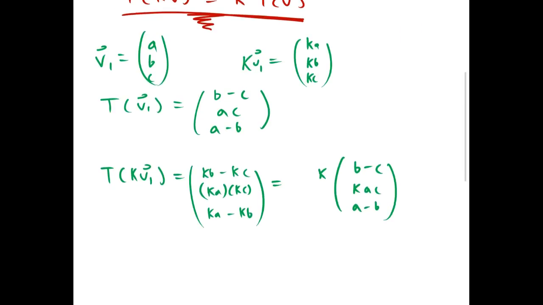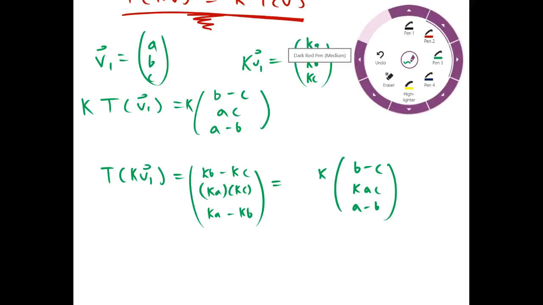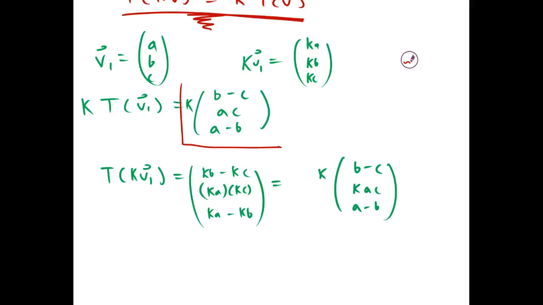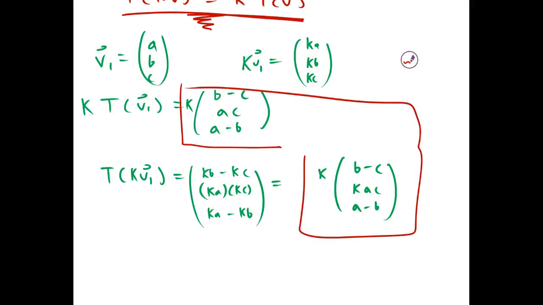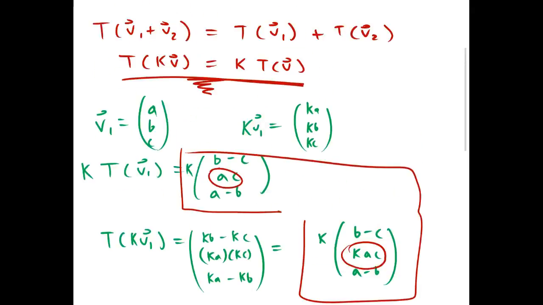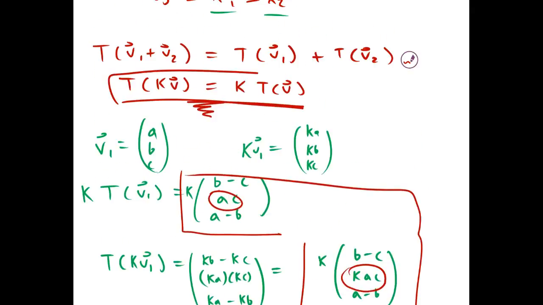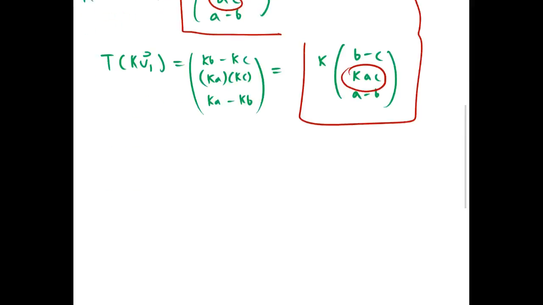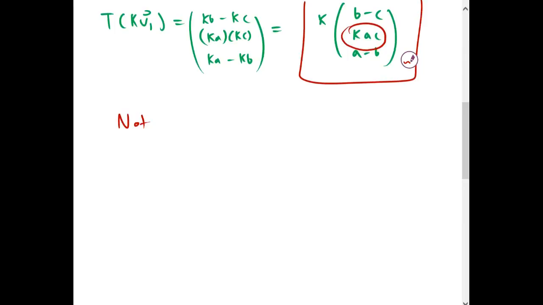If we just scale the transformation of v1 by k, we see that the two aren't equal because of the extra k here. Since this doesn't respect this property, this is not linear.